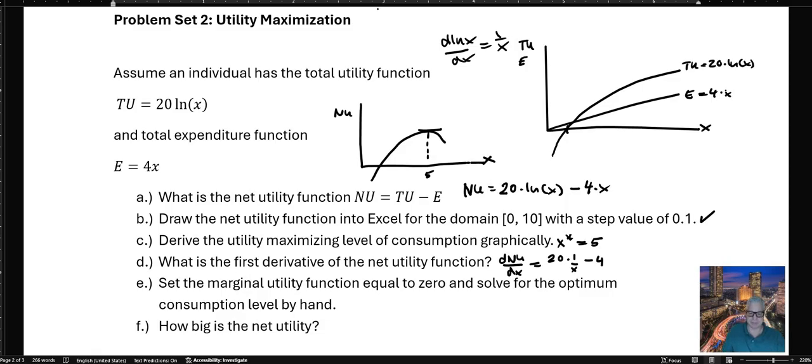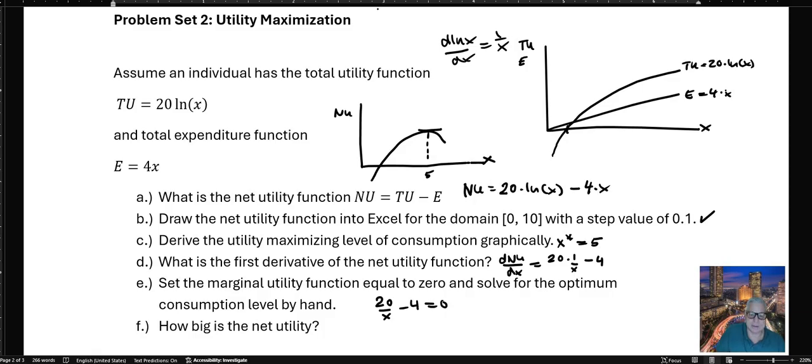Now we find the point where this slope is equal to 0. So this is the derivative. We set the marginal utility function, which gives us the slope at every point, equal to 0 and solve for the optimum. We get 20 over x minus 4 equals 0, and now we solve for x.